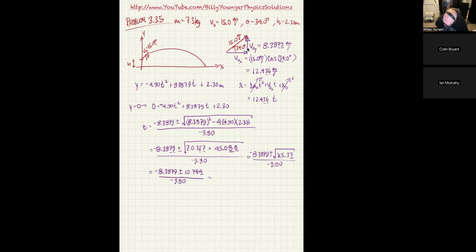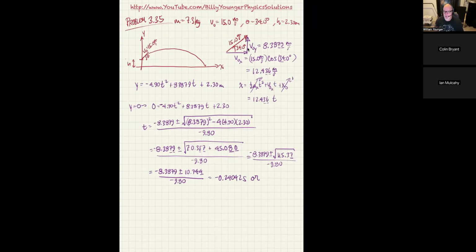It would be negative 8.3879 plus 10.744. Now I'm going to divide that by negative 9.8. That's going to give me a negative 0.24042 seconds. And that one doesn't make any sense.